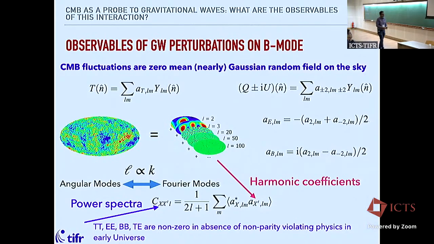Coming back to Andrew's questions from before, these are the quantities we can see in non-parity-violating physics. In case of any chirality or parity violation physics, something else will show up, ask me later. But these are your 4 observable quantities in terms of the power spectrum. Okay? This is easy, right?